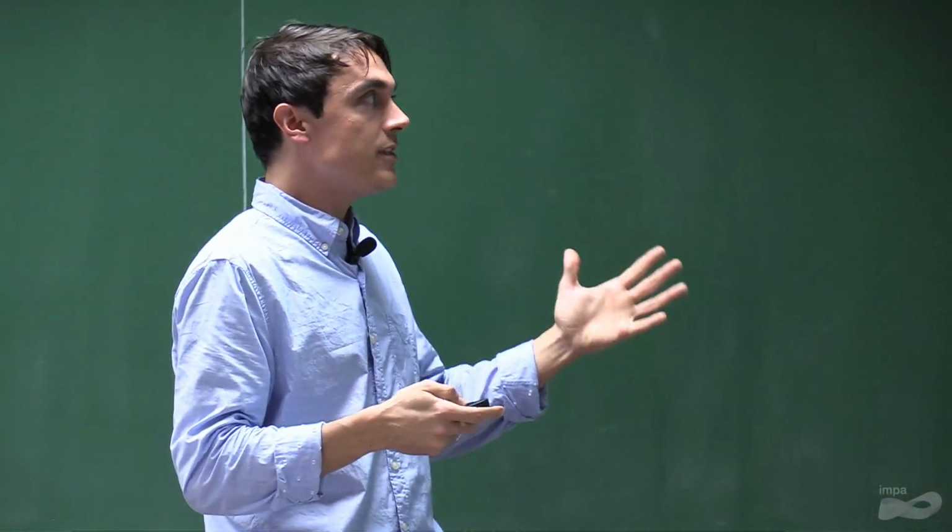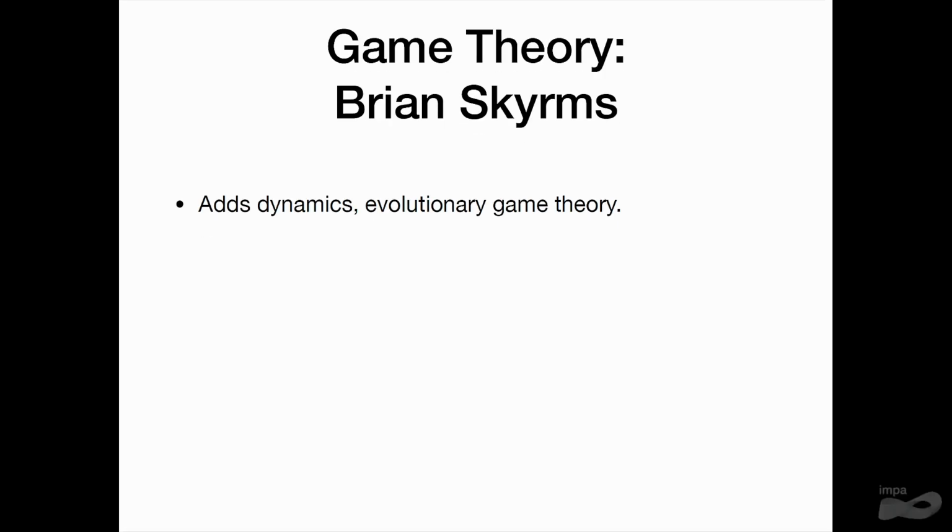Lots of interesting things we could dive into here. But basically, one of the most important contributions coming from Skyrms to all of this was that he added dynamics, particularly evolutionary game theory, to all of this.